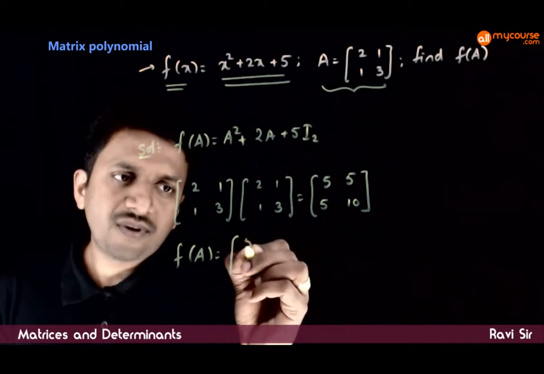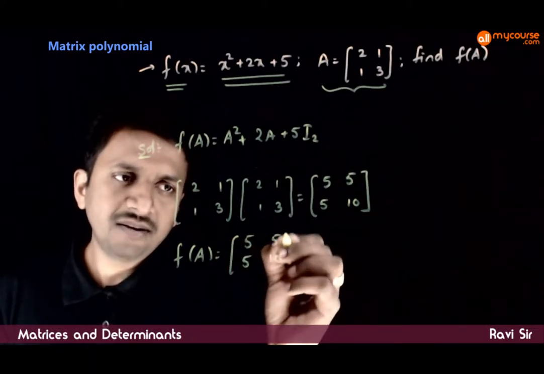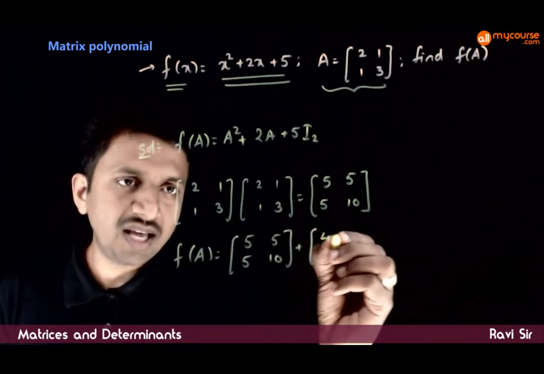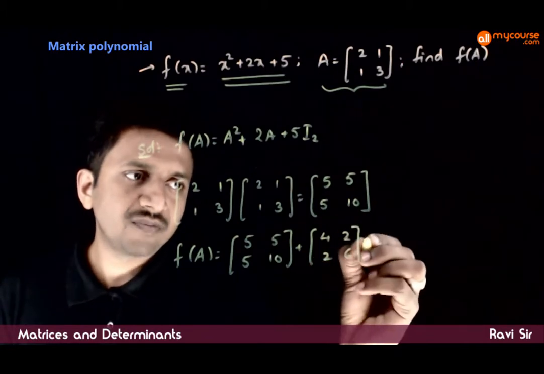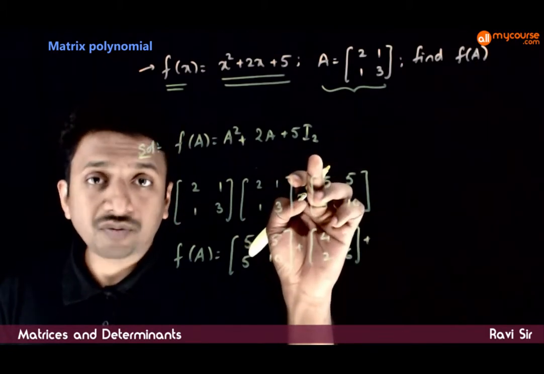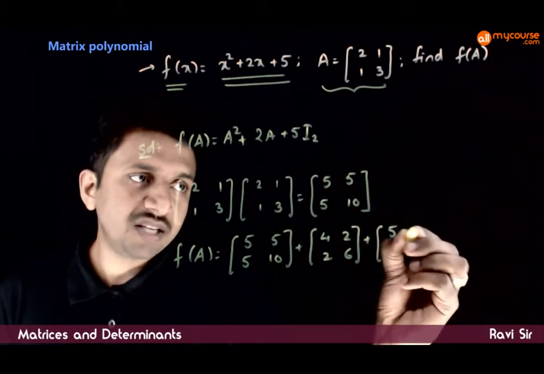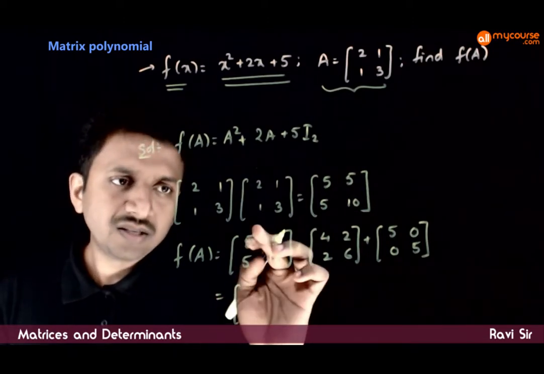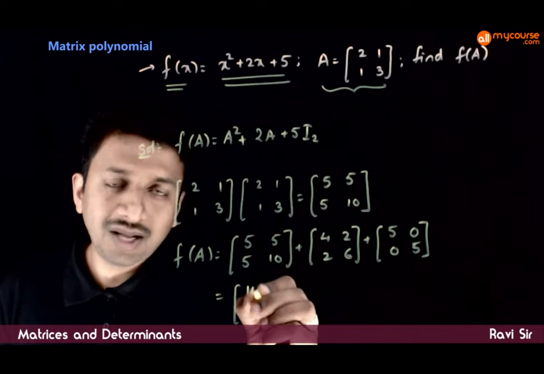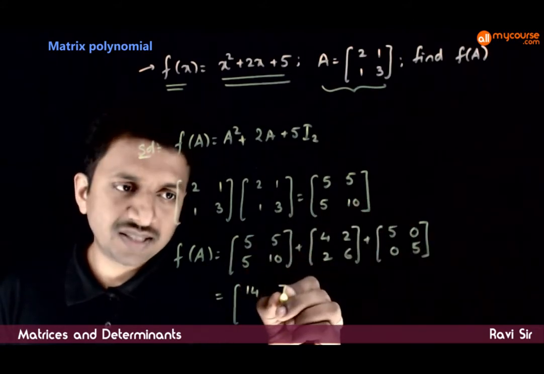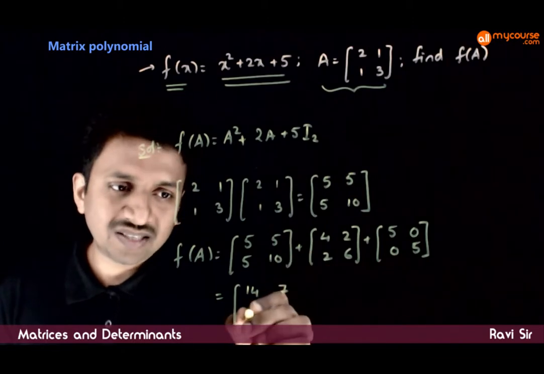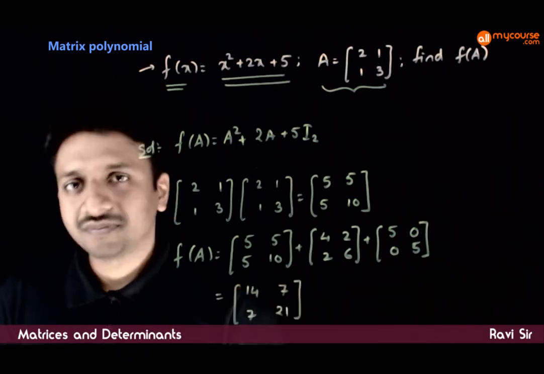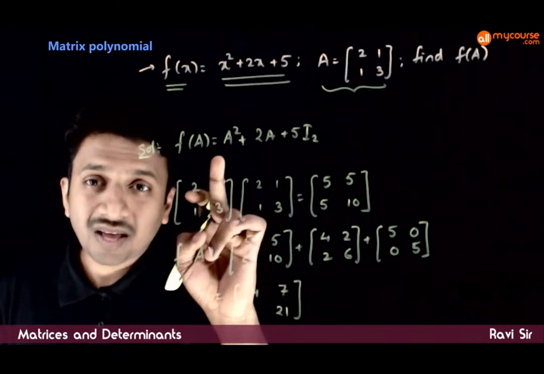It is 5, 5, 5, 10 plus 2 times A. A is 2, 1, 1, 3, so 2 times A is 4, 2, 2, 6, plus 5 times I of order 2, which is 5, 0, 0, 5. So that is equal to 5 plus 4 plus 5 is 14, 5 plus 2 plus 0 is 7, 5 plus 2 plus 0 is 7, 10 plus 6 plus 5 is 21. So this is the value of f of A.